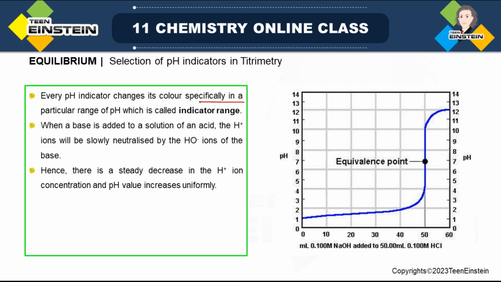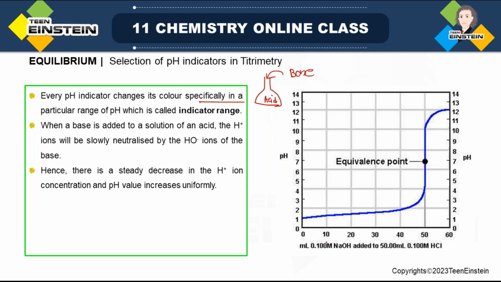Now, when you are adding a base to an acidic solution, suppose you have taken acid in the conical flask, and from the burette we are adding base. So gradually we are adding base.